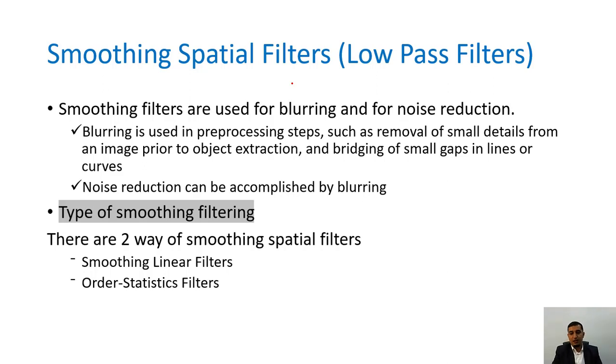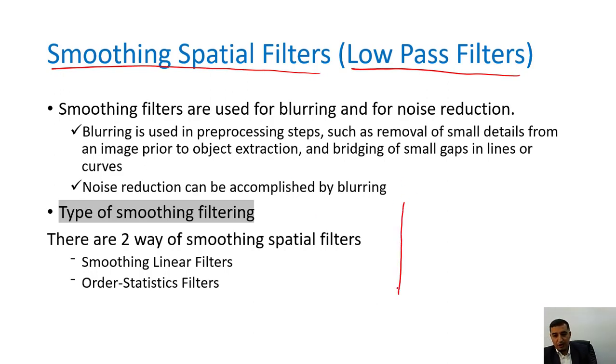So why are these operations important? The first operation that we are going to talk about is smoothing spatial filters, or what we call low pass filters. If you remember in the frequency domain, if this was the frequency and this was the output, the low pass filter will have something like this.